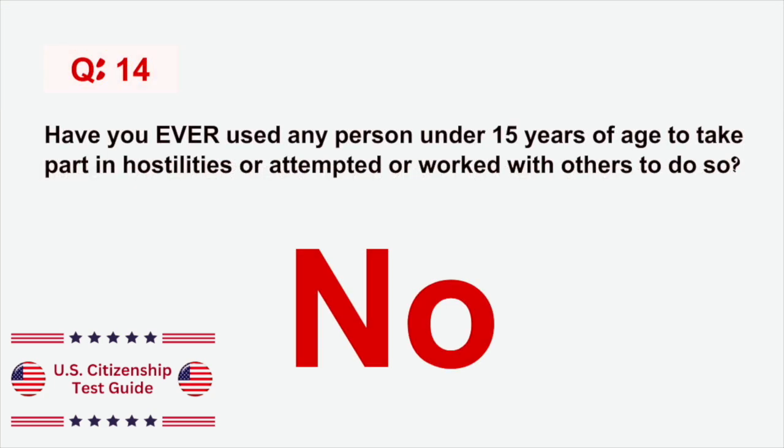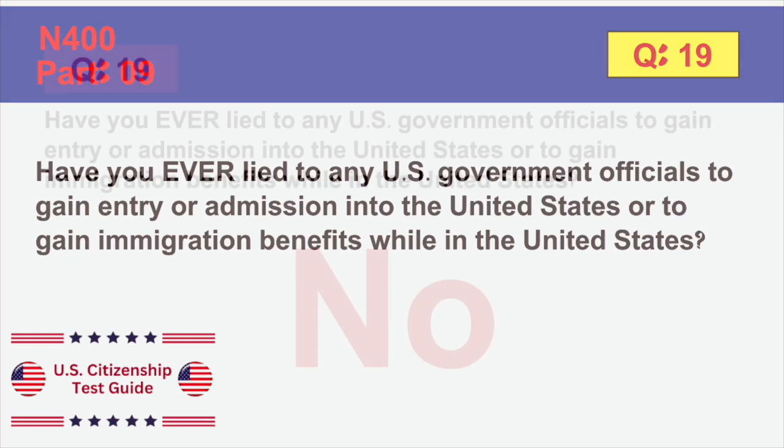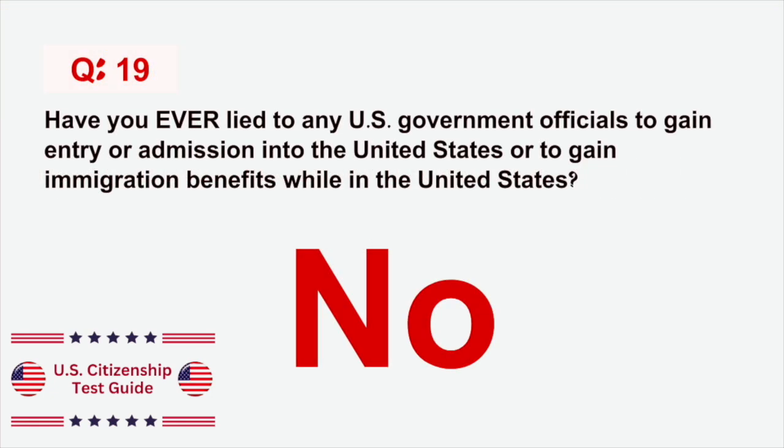No. Have you ever lied to any U.S. government officials to gain entry or admission into the United States, or to gain immigration benefits while in the United States? No.